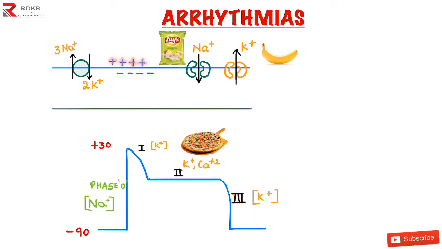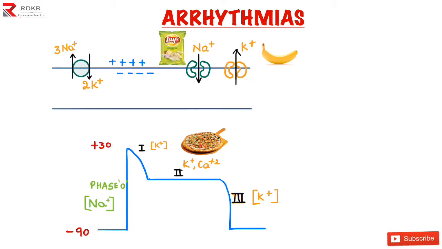Okay, I think it is clear. Due to the sodium potassium ATPase, we have a resting membrane potential of -90 millivolts. So this -90 is mainly due to the sodium potassium ATPase. Now we are at the resting phase.